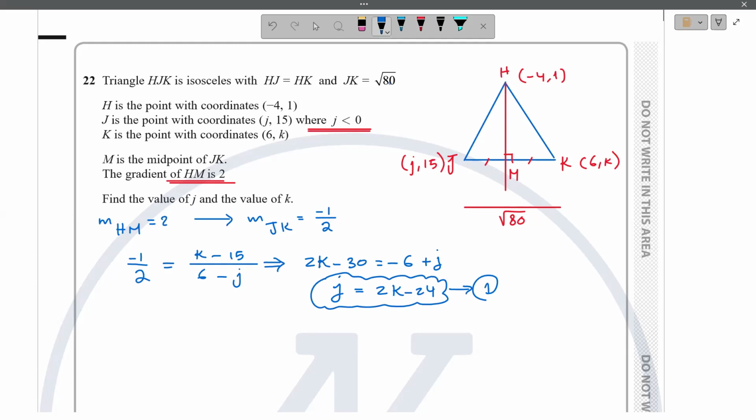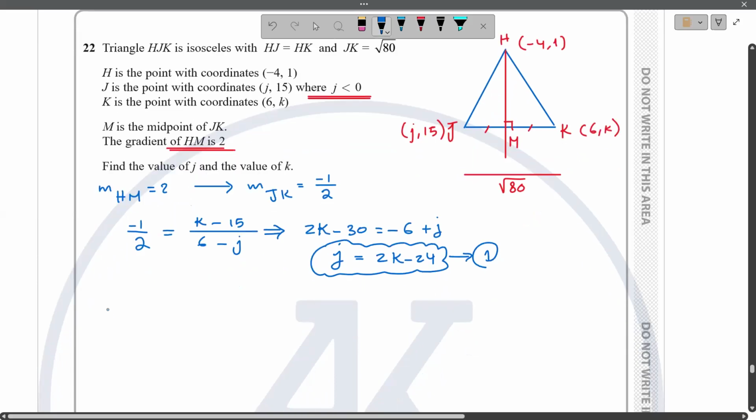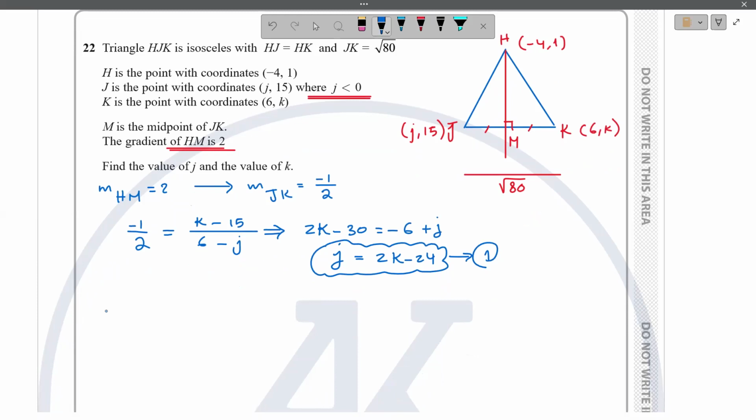Second equation related to the distance JK. What is the rule of the distance? It's the difference in x squared plus the difference in y squared, under the root. So here JK distance is the square root of the difference in x, j minus 6, squared, plus 15 minus k, squared.